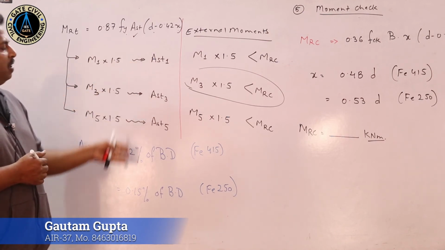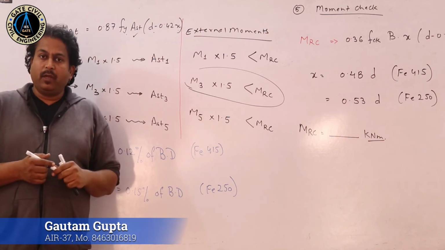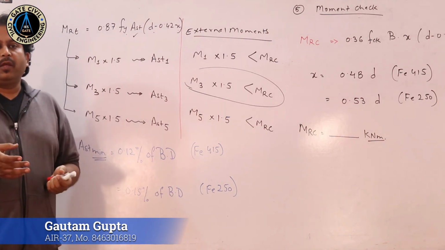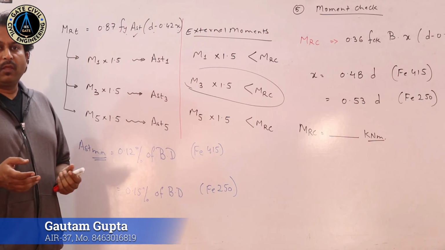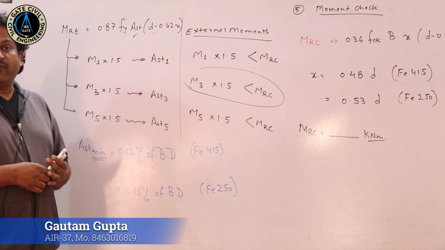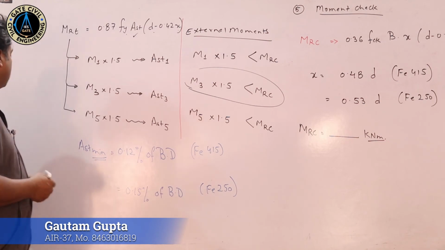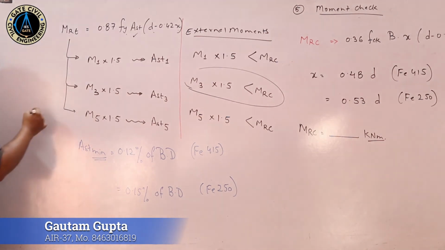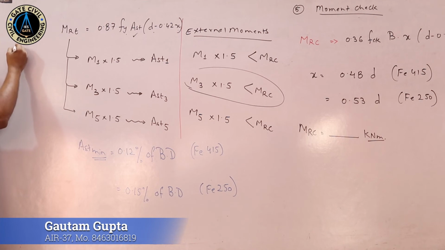Based on these AST values or the minimum reinforcement, we calculate the number of bars as well as the diameter of the reinforcement. So the number of bars, suppose it is n. We will take a standard spacing.